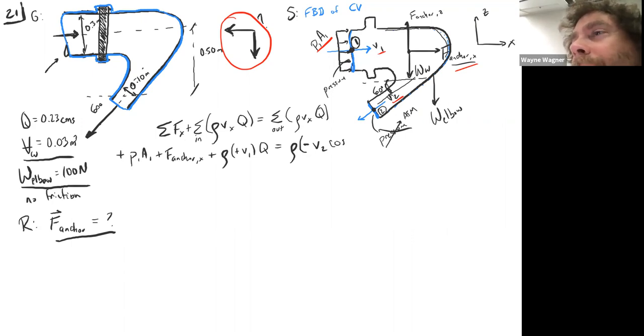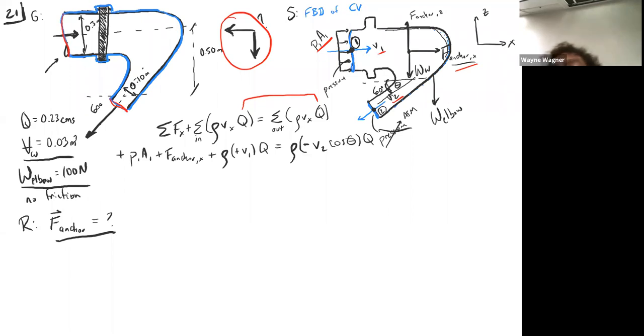I usually prefer to keep theta till the end, so let's just leave that as theta. And then Q. Note that the Q's are the same because everything that comes in here has to leave here. There's no other place for anything to go.